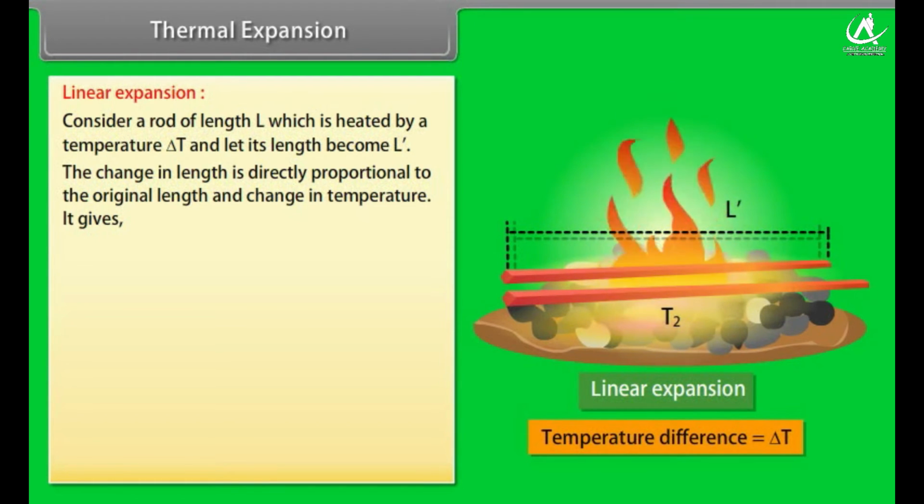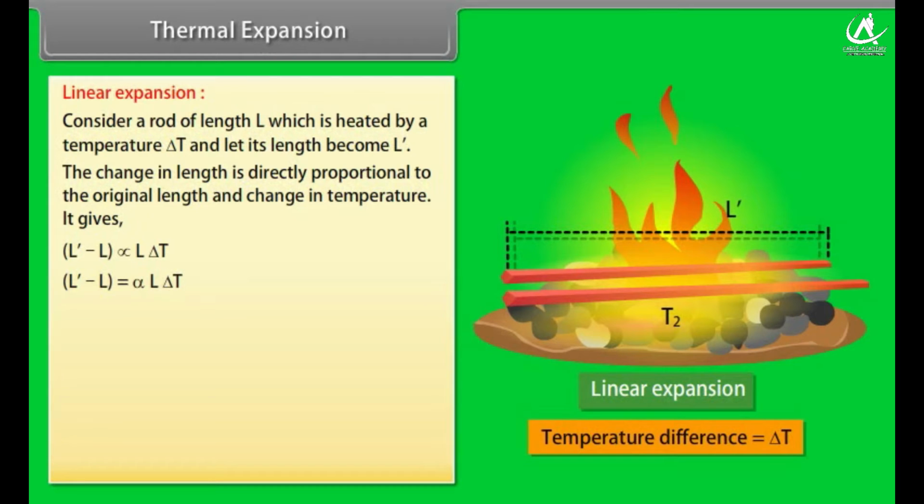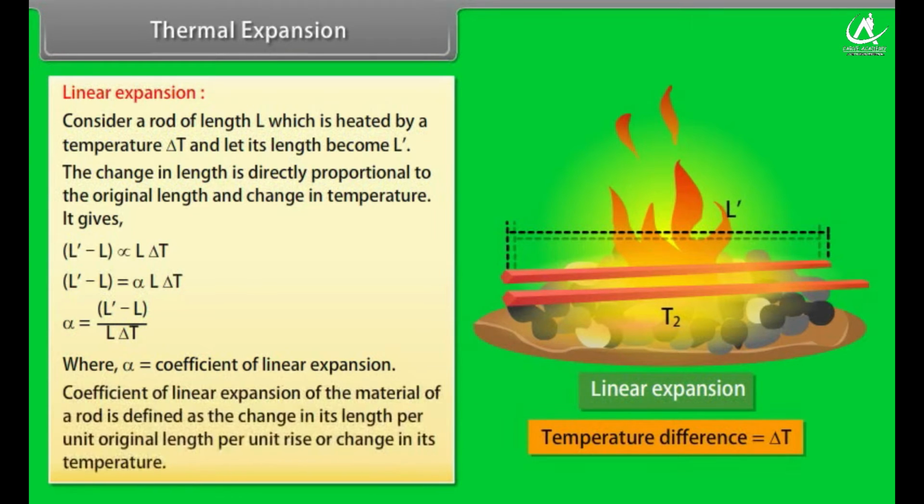It gives L' - L ∝ LΔT, or L' - L = αLΔT. The value of α is equal to (L' - L)/(LΔT), where α is the coefficient of linear expansion. Coefficient of linear expansion of the material of a rod is defined as the change in its length per unit original length per unit rise in its temperature.